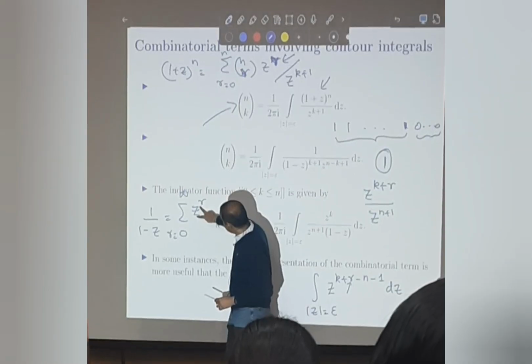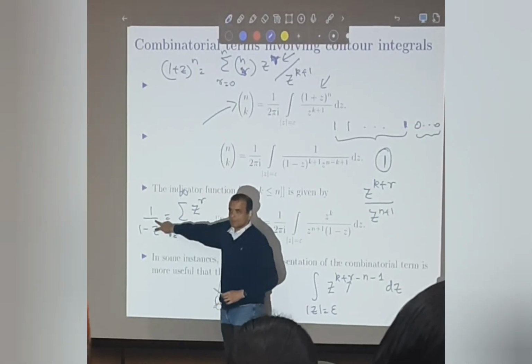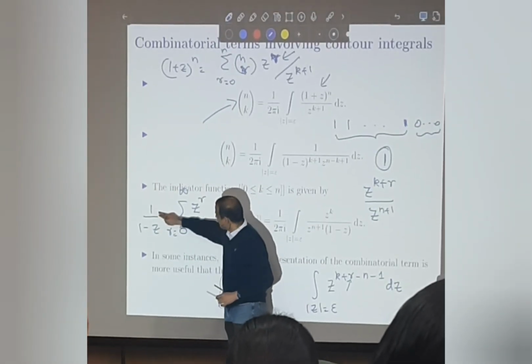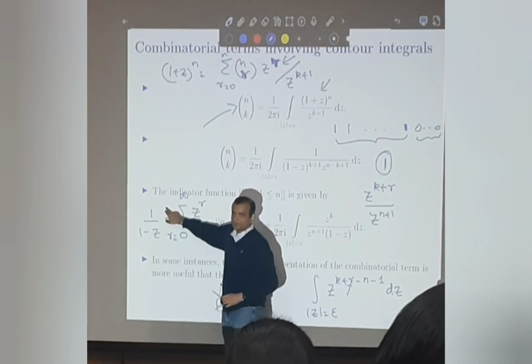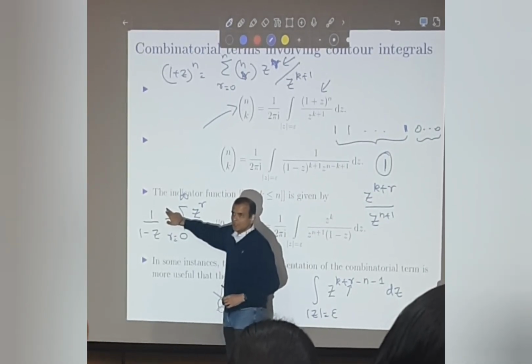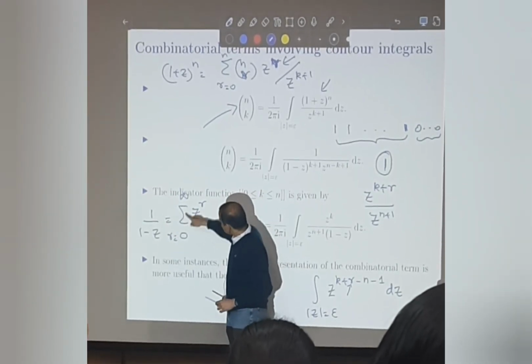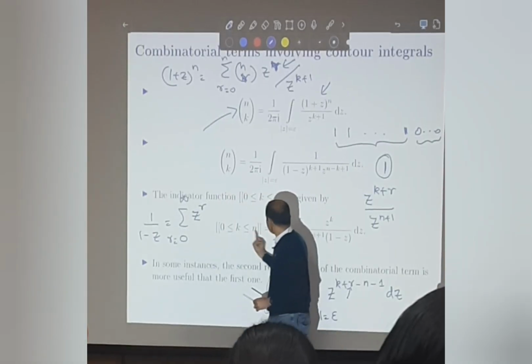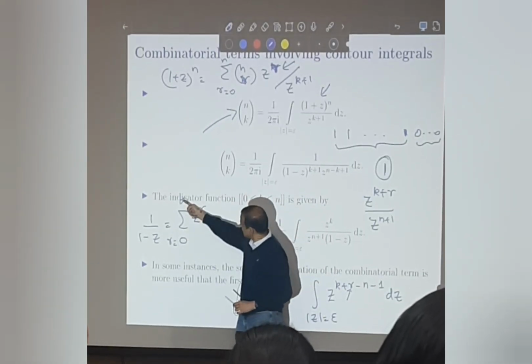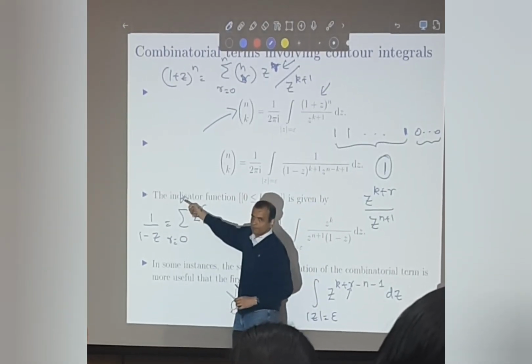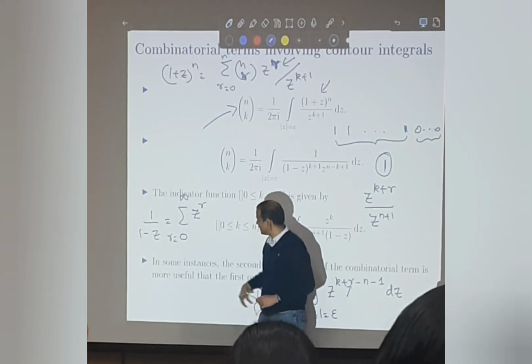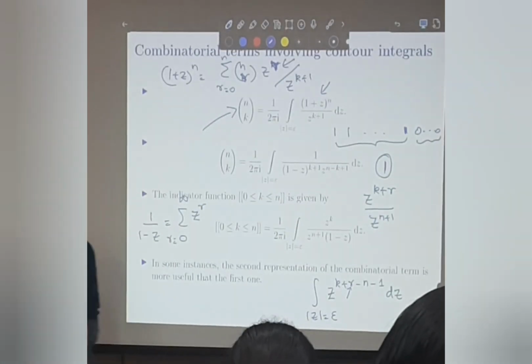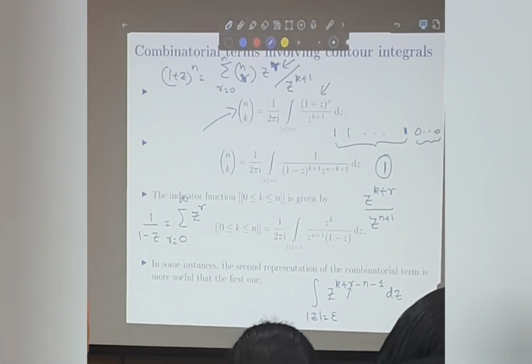Right? Then this is not equal to this. This will have 1 minus z to the n plus 1 over here. But what I can do is put in this indicator function, and then treat the sum as from 0 to infinity. Okay. I have an example. If I have time, I'll show you. But anyway, this is the basic idea.